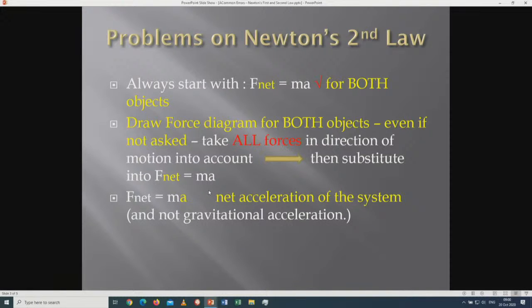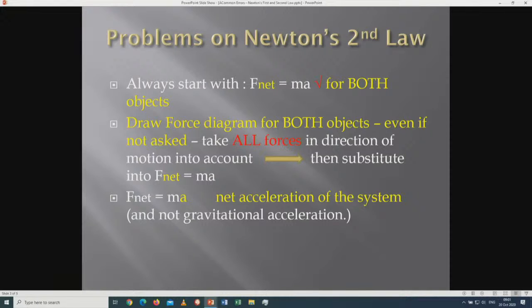Right. Now, it's very important that you realize, if you work with a system of two bodies, maybe moving on an incline, or with a string across a pulley, or whatever, if you use this formula, that a can never be the value of the gravitational acceleration. Please remember, that is the net acceleration of the system, if it's two bodies moving in a system. So that a is related to the net acceleration of the system.